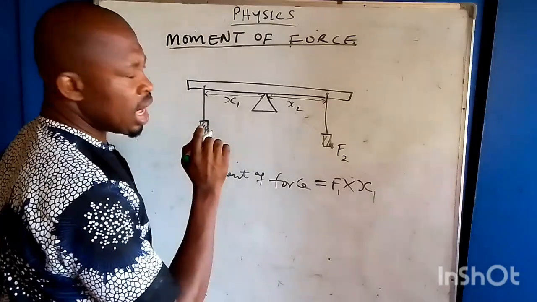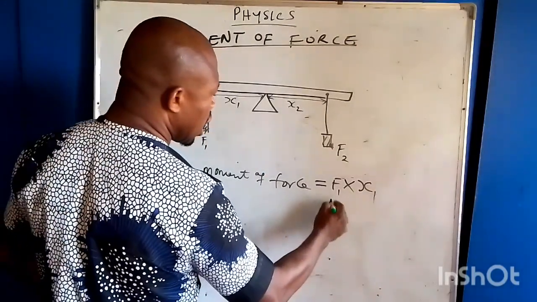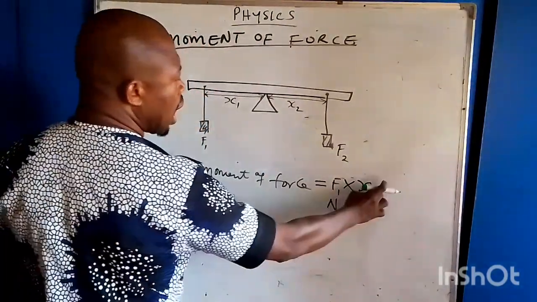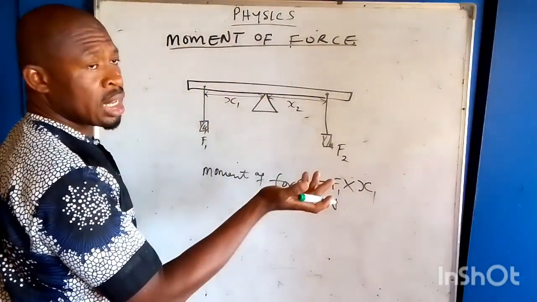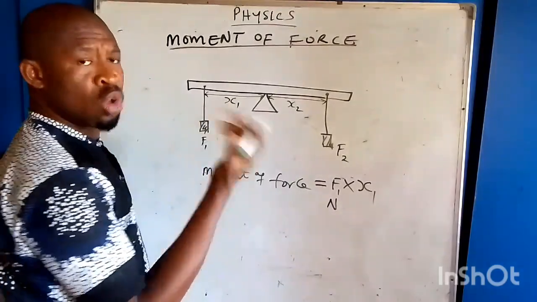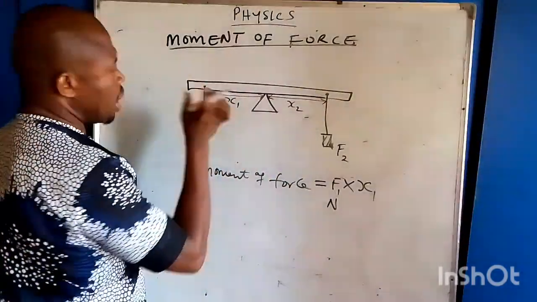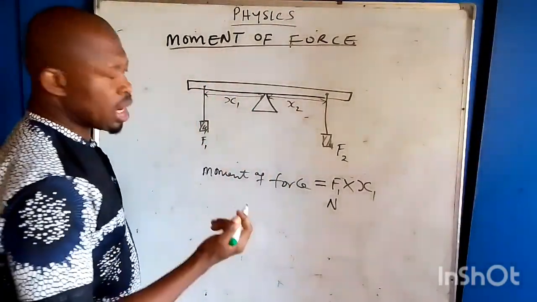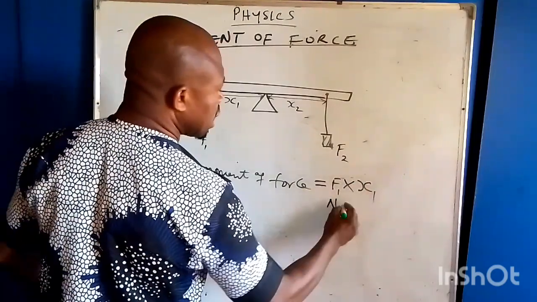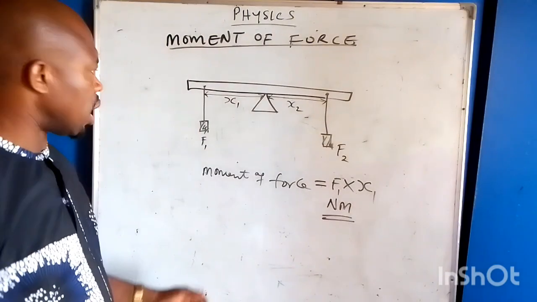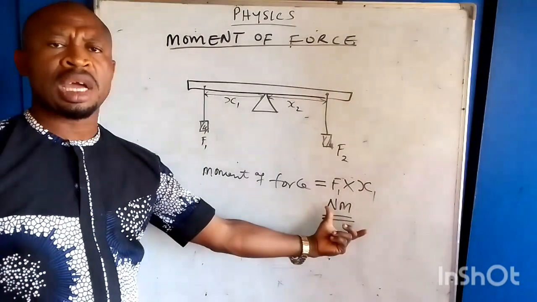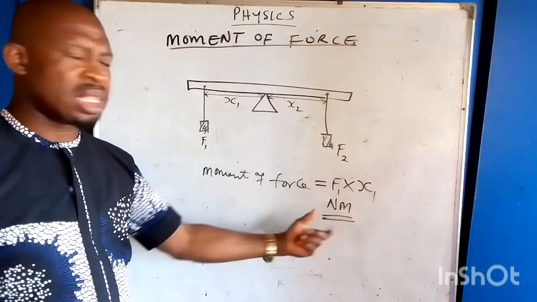F is measured in Newton, while x is distance. You can use x, d, or r to denote distance. I'm using x, so x is in meter. Therefore, the SI unit of moment of force is Newton meter.